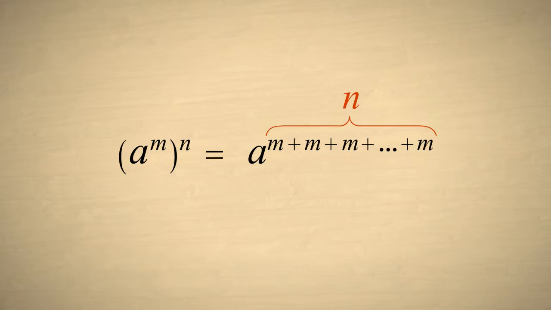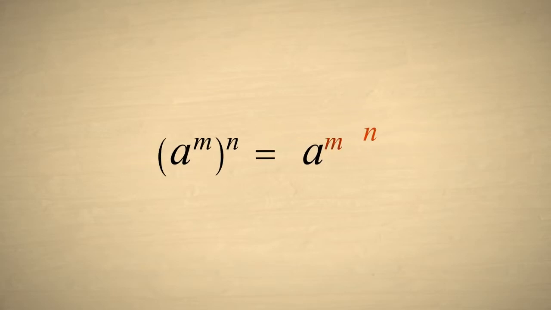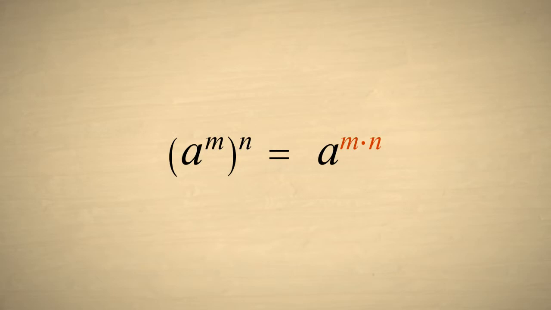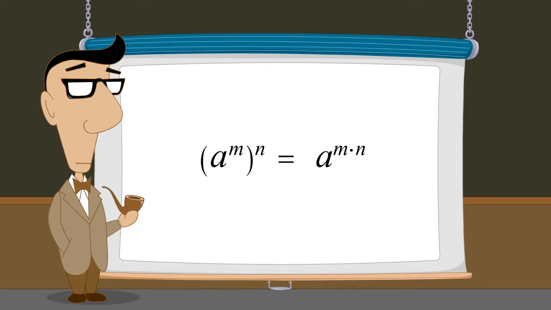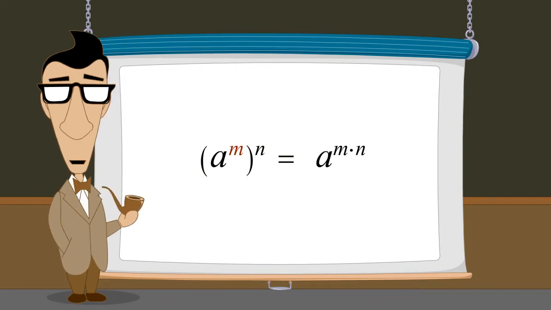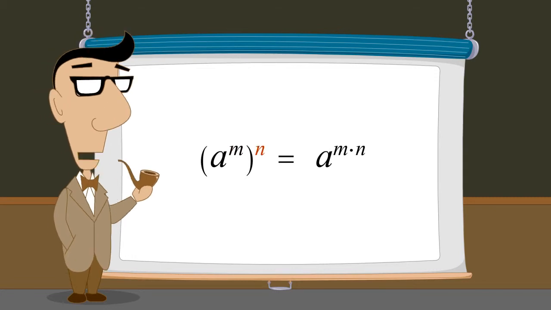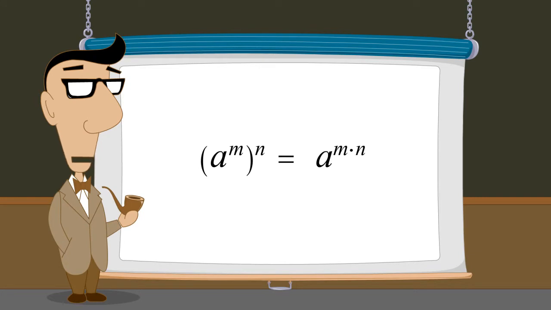M added together n times is m times n. So the result is a to the m times n power. So as a general rule, if we take any term with an exponent of m and we raise that exponential term to the nth power, we can multiply the two exponents.